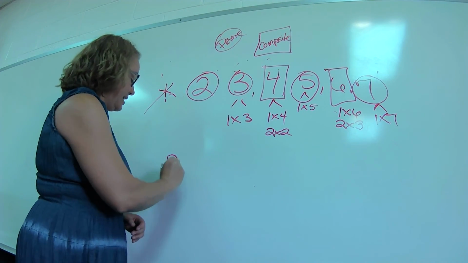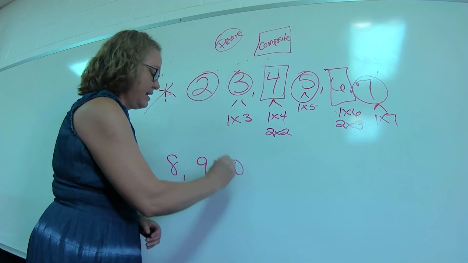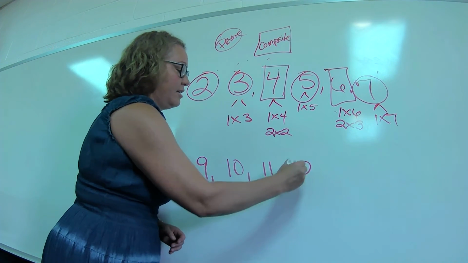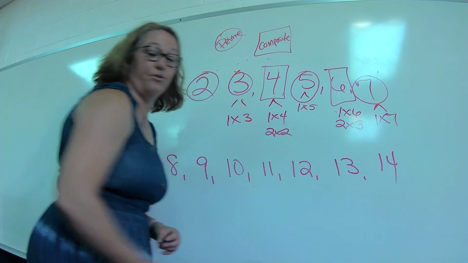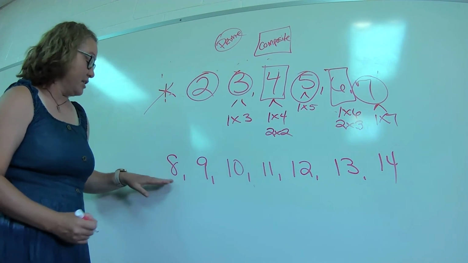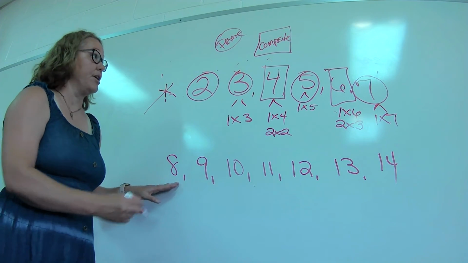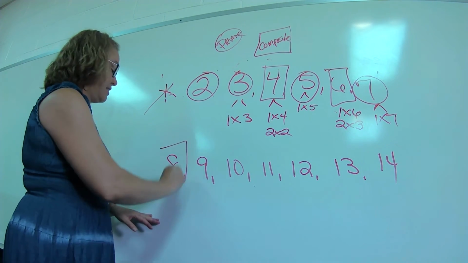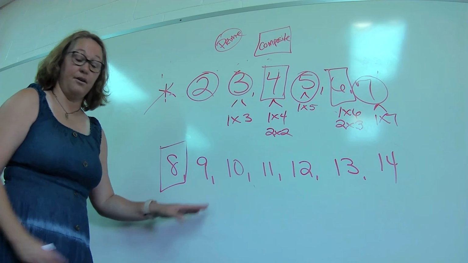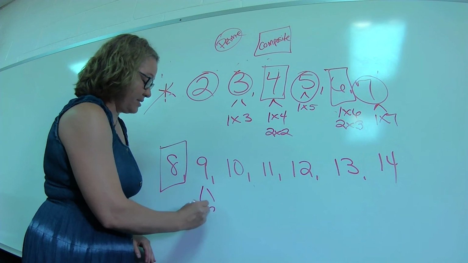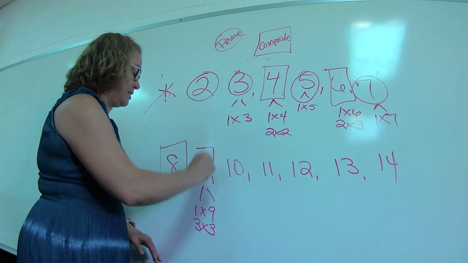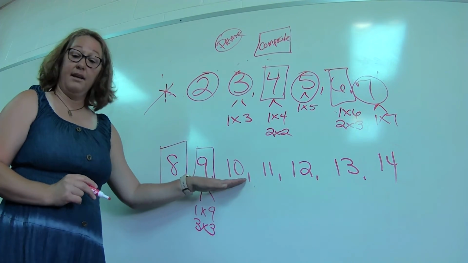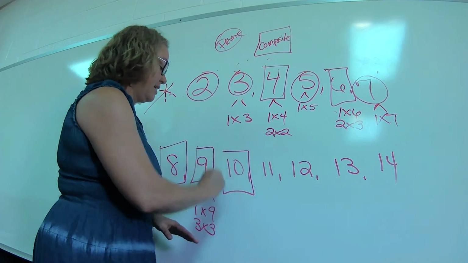How about 8, 9, 10, 11, 12, 13. Let's go to 14 on here. All right, so 8, even number. So that means it is composite. 9, all right, we have 1 times 9, 3 times 3. Many parts. Composite. 10, even.